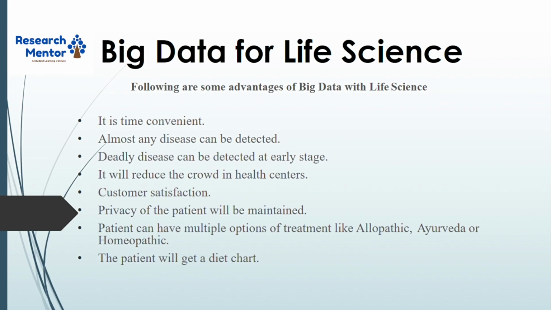Privacy of the patient will be maintained. That means with the help of big data, or big data with artificial intelligence, we can maintain the privacy of the patient. Next, the patient can have multiple options of treatment like allopathic, Ayurvedic and homeopathic. This is an additional advantage of big data with life science. The patient will get a diet chart. That means with the help of big data, or with the help of data science, we can easily prepare a diet chart.